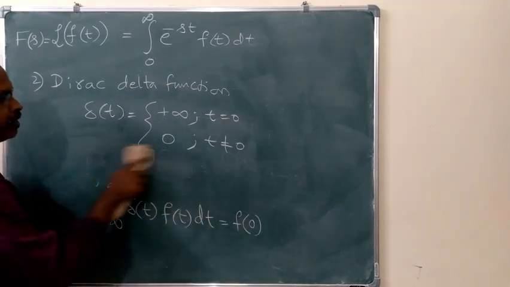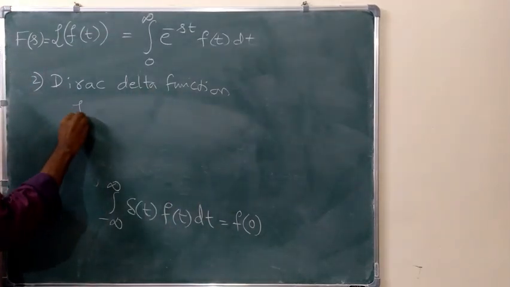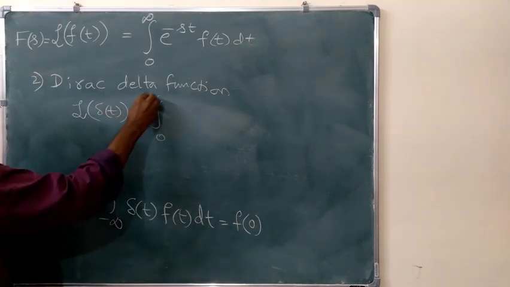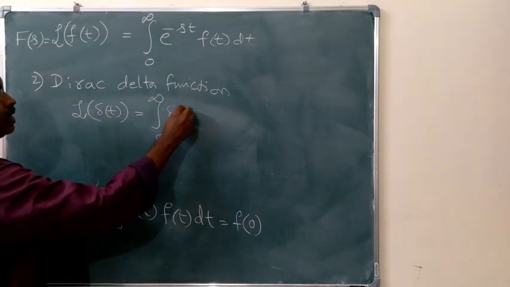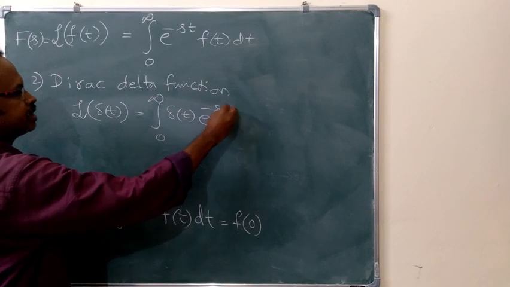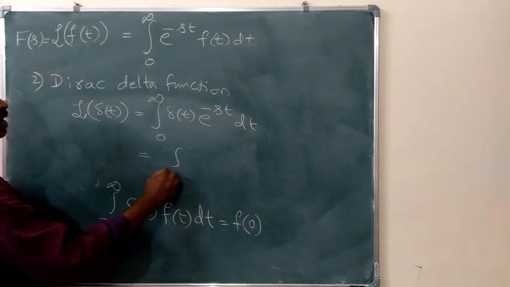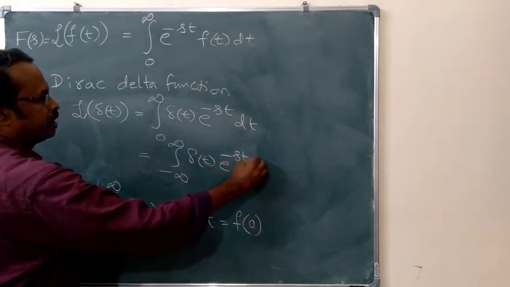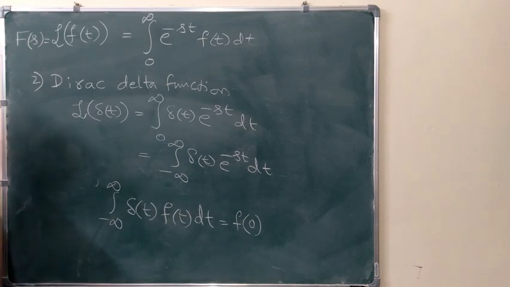Now we will find the Laplace transform of this function. So what is L of delta of t? It is equal to the integral from 0 to infinity of delta t e to the power minus st dt. Now we can extend this to the integral from minus infinity to plus infinity of delta t e to the power minus st dt, because delta t is 0 over the range minus infinity to 0.